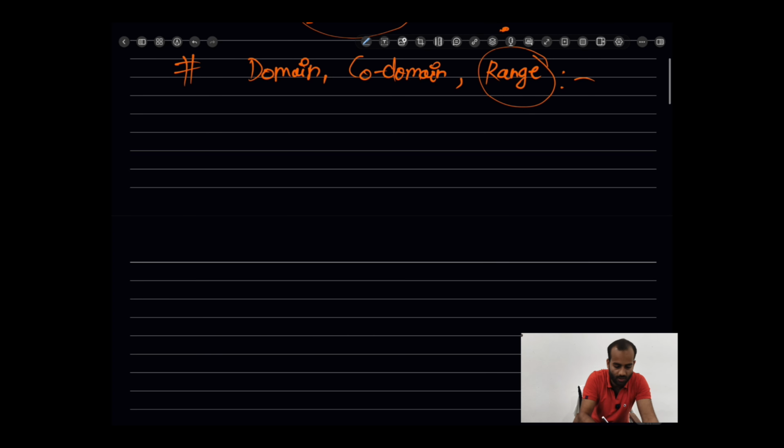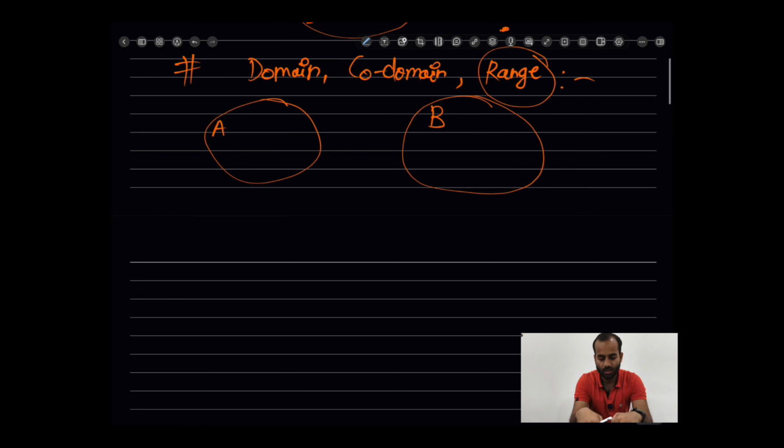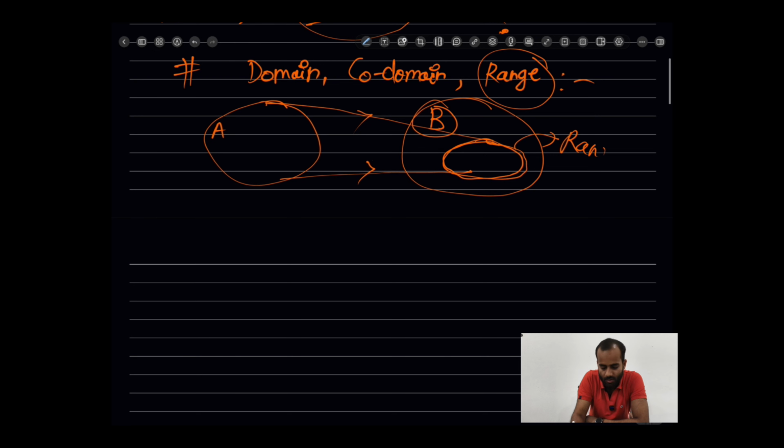So suppose we have a set A and this is set B, which is codomain, but not every element of B has a pre-image in A. That means if the whole of this set A gets mapped to a smaller subset of B, then this smaller subset is called range.